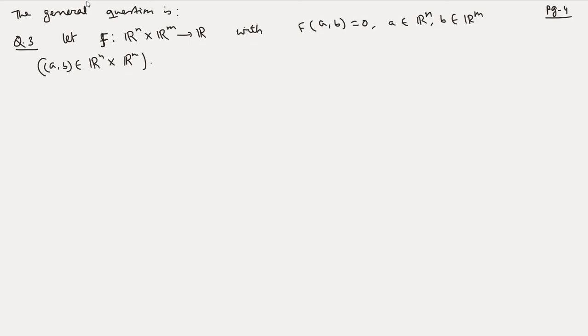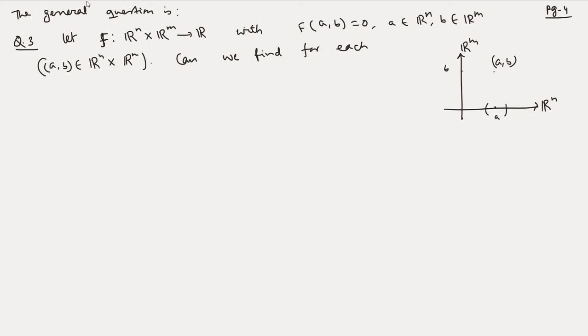Well, so therefore the question is, can we find, for each, so let me draw a picture. This is Rn, this is Rm. So here we have a comma b, so this is a and this is b.